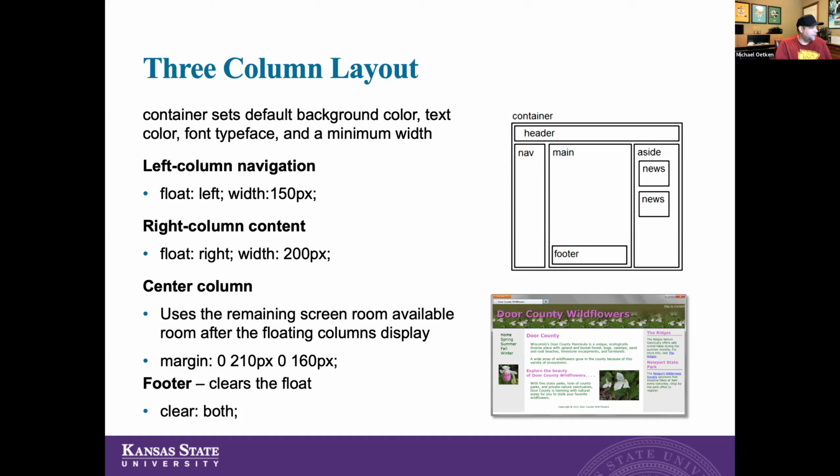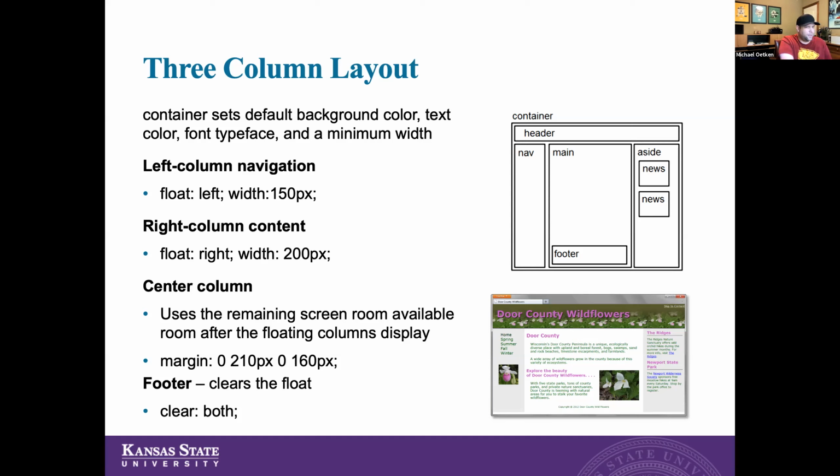Okay, but with that center column, we'll usually go ahead and set some margins for our top, bottom, and then our left and right. Okay, so for example, this one has 0 pixel margins on the top, and then we have our 210 and 160 pixels for the other sides.